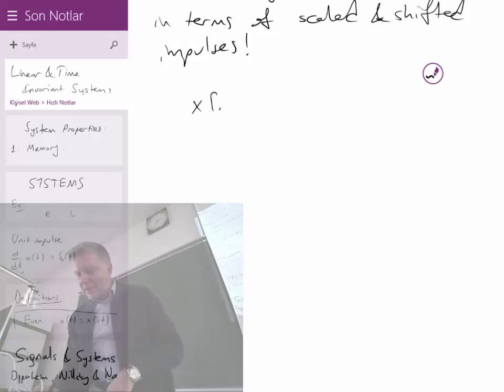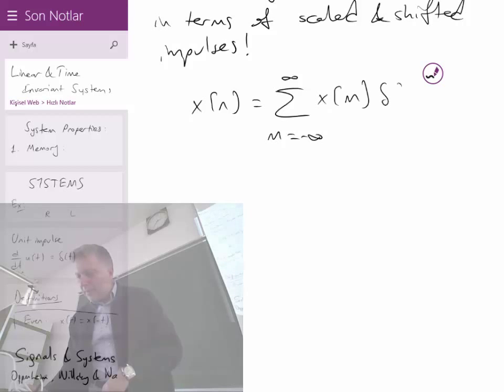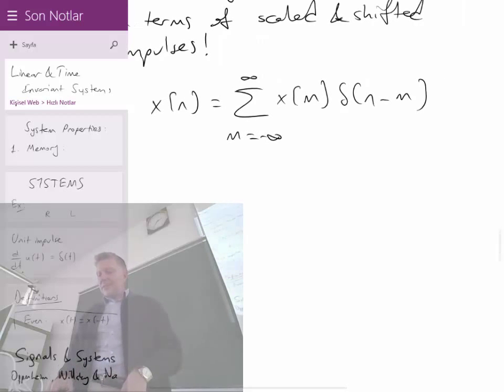Let me write the convolution sum again. This is the representation. x of m's are scales and m is the shift.